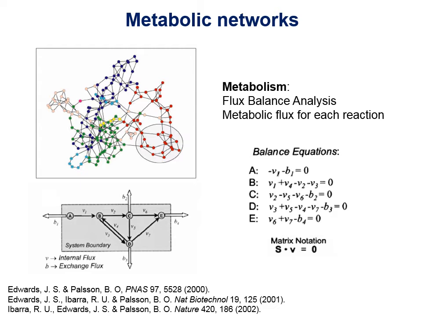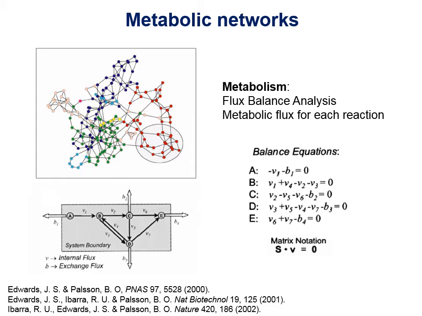For example, the reaction around the metabolite A depends on V1 and B1. Metabolite A can be transformed to B or can get out of the cell. But B is a little bit more complex because it can be produced from V1 and V4, but can be degraded by V2 and V3.